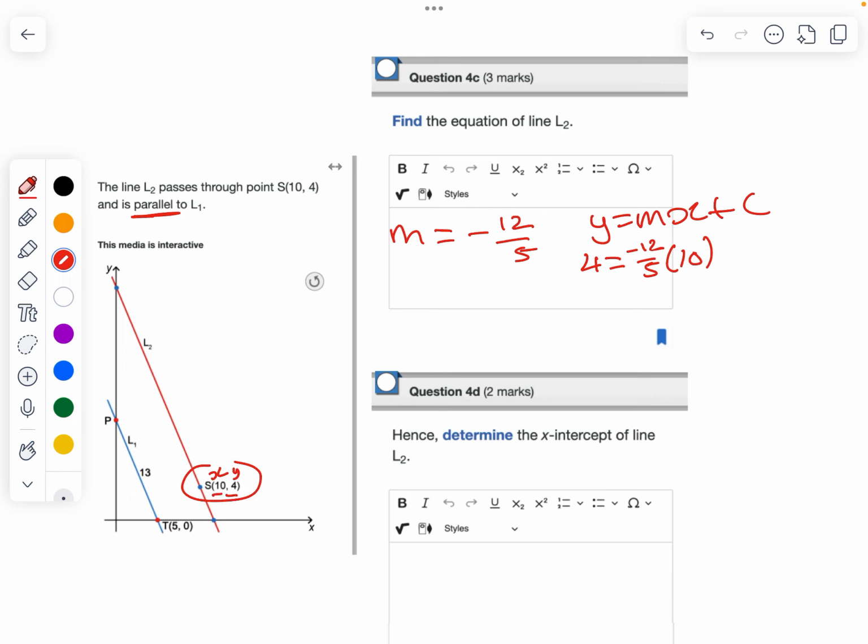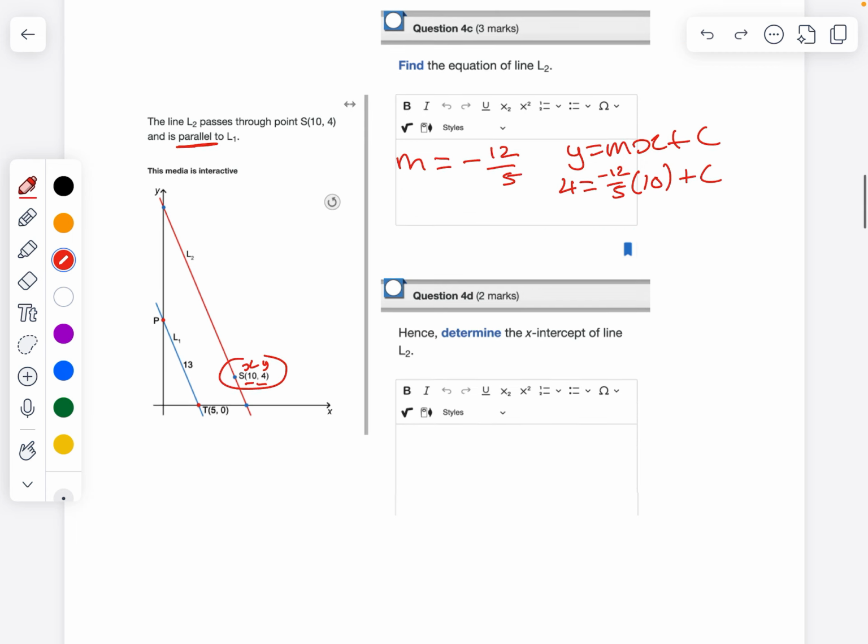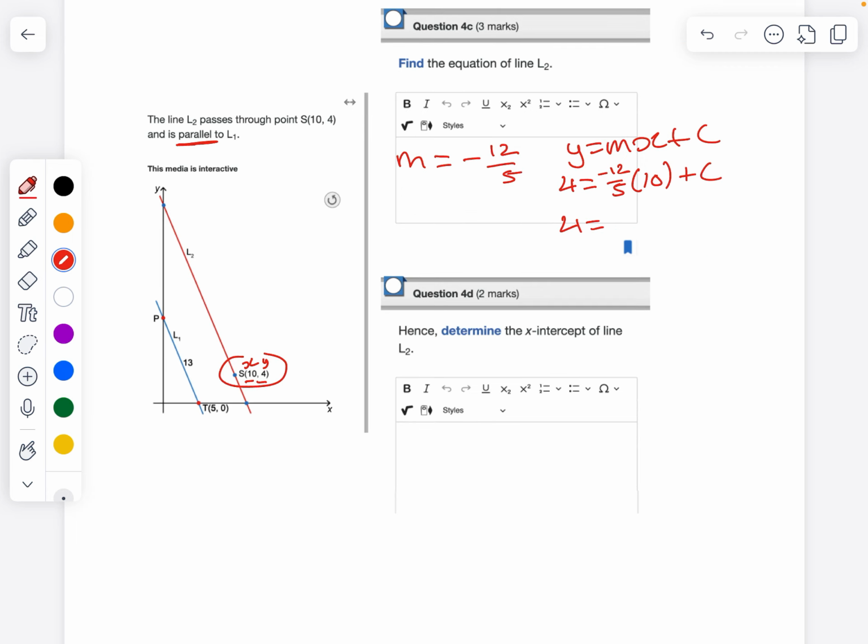4 equals negative 12 over 5. X is 10, so from this point, and then we're going to have plus C. We're doing this so we can work out what C is. So 4 equals negative 120 over 5 plus C. So 4 equals, a negative 120 divided by 5 is negative 24.